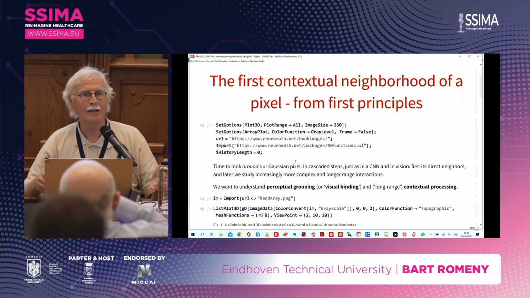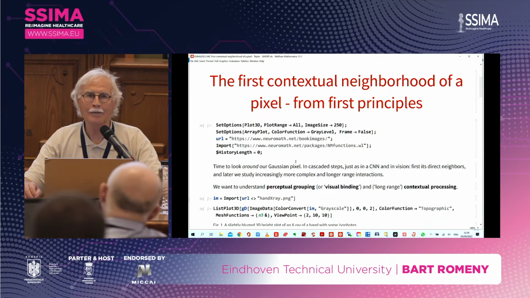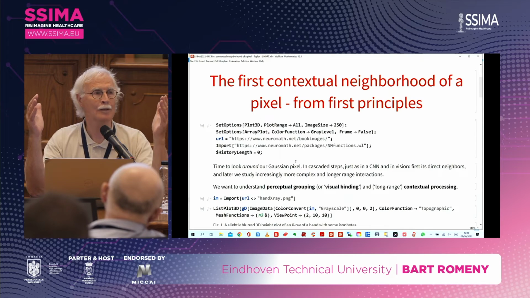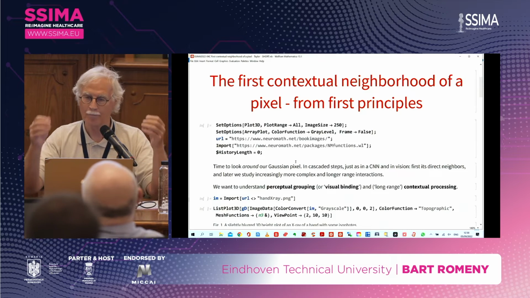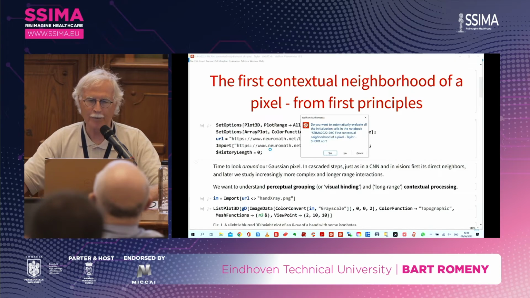So now I started in the pixel to understand deep learning, but that's not enough. I need to go further because I want to go my context, you remember? I want to go what is next to my pixel. So make it a little bit bigger. So let's now take the surrounding of this pixel.